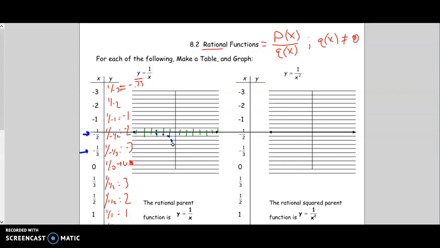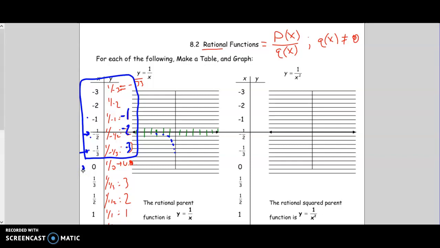And as you can see here, as the x gets closer to 0, negative 1, negative 0.5, negative 0.33, the y coordinates are getting further from 0, negative 1, negative 2, negative 3. Then you would get negative 4 for 1/4 as the x value, and so on. When x is 0, we cannot divide by 0.